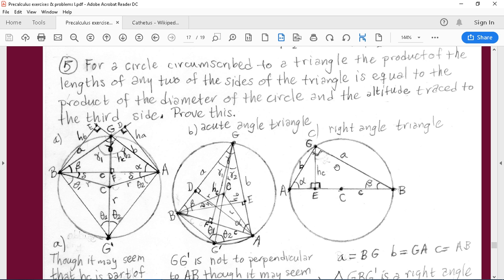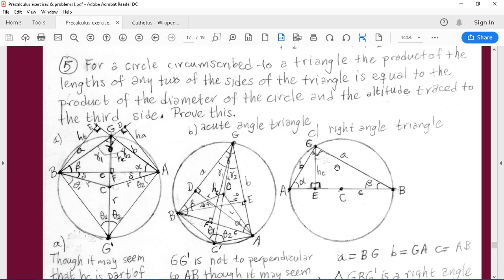Okay, so we know then that the sine of the angle beta is equal to hc over a. But the sine of the same angle is also equal to b over D, which is b over the diameter, which is b over the hypotenuse of the triangle.